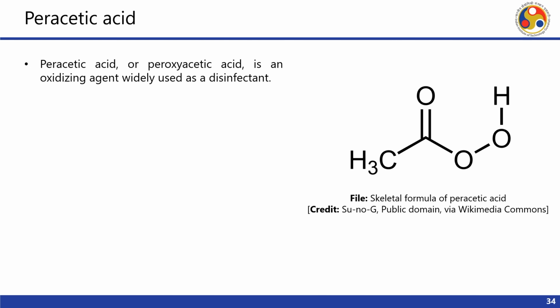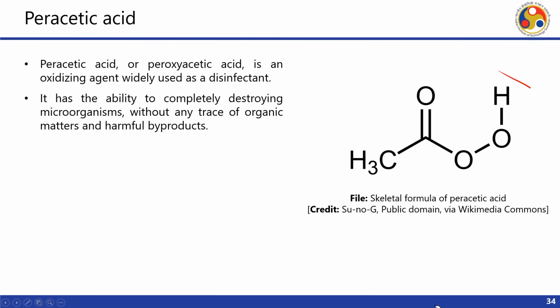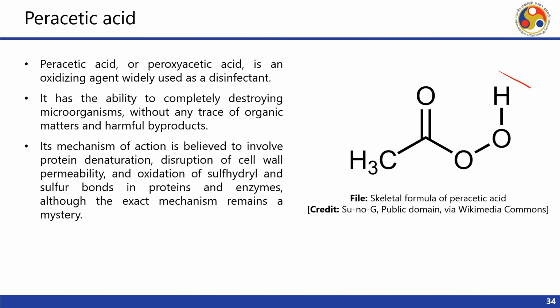Let us now discuss peracetic acid. Peracetic acid or peroxyacetic acid is an oxidizing agent widely used as a disinfectant, and you can see the skeletal formula of peracetic acid in this diagram. It has the ability to completely destroy microorganisms without any trace of organic matter and harmful byproducts.